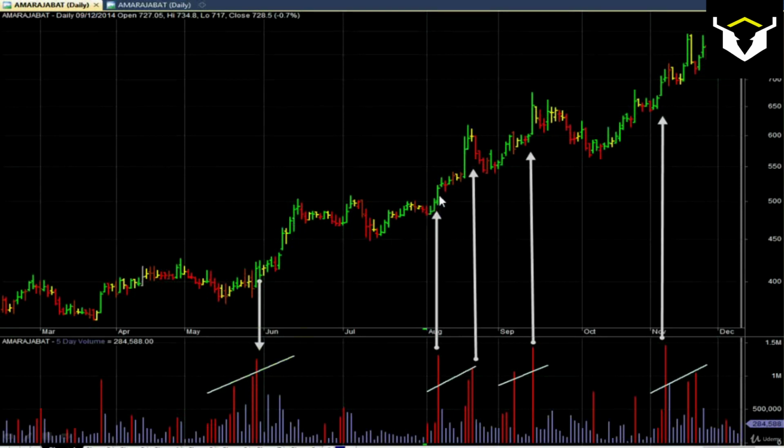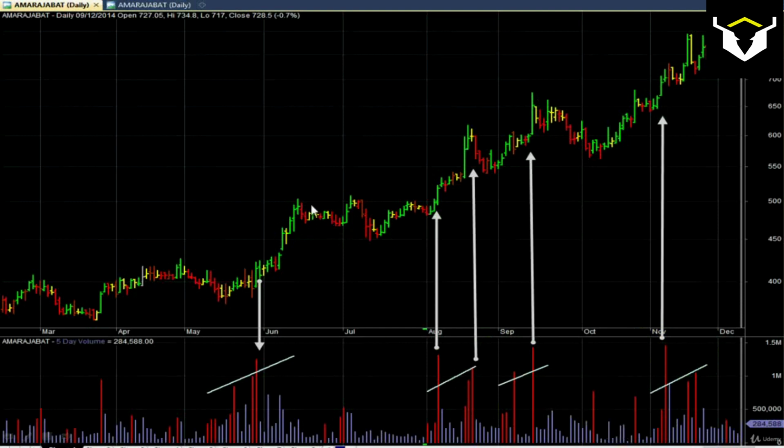See here, every time prices made a new high, new highs were made in volume too. So this is a very good example of a strong uptrend where the rise in prices is supported by increasing volume every time there is a new high, and every time there is a pullback, volume simply contracts.